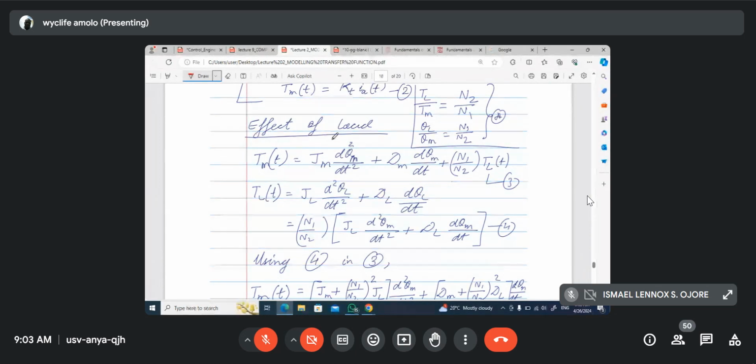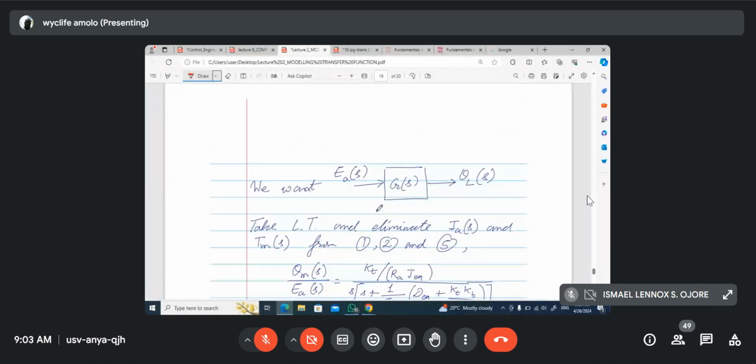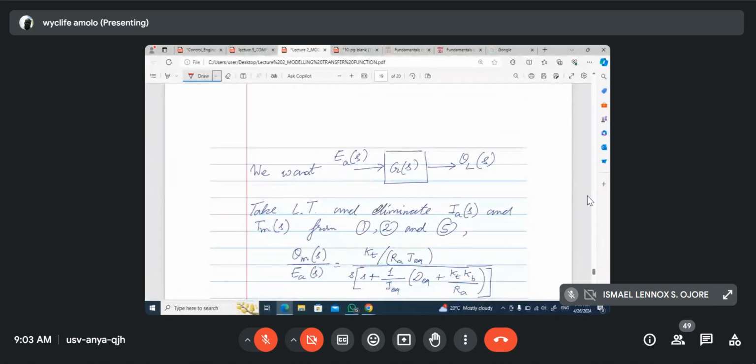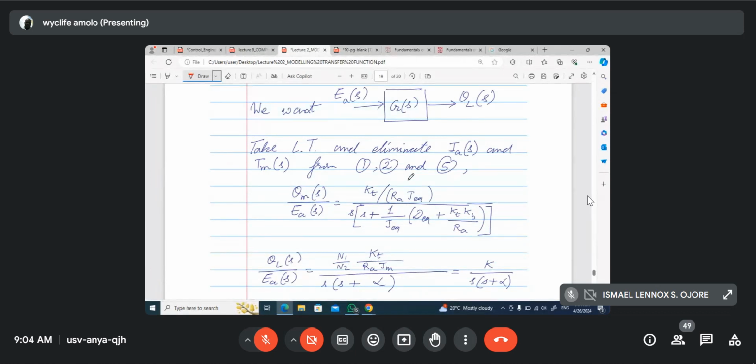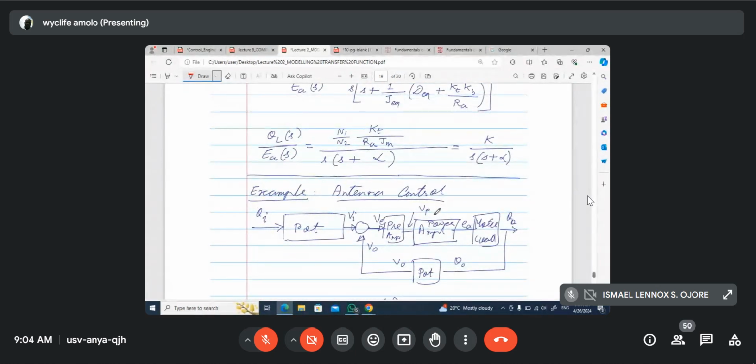So the effect of the load is given by that equation, and we ended up getting the equivalent circuit of the electrical energy to mechanical energy in a certain kind of process, so that we can have this giving us the final answer for the same.